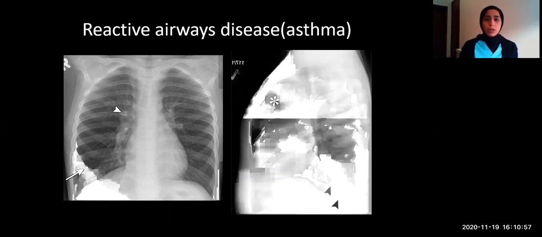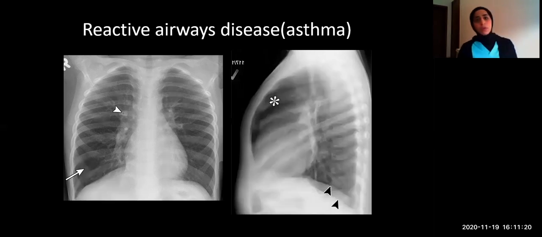The most common reactive airway disease that we know is asthma. An asthmatic patient usually does not need any imaging or radiograph for their asthmatic problem. But when you have a critically ill patient or a significant exacerbation of the asthma, a radiograph should be obtained to exclude any complication of the asthma.